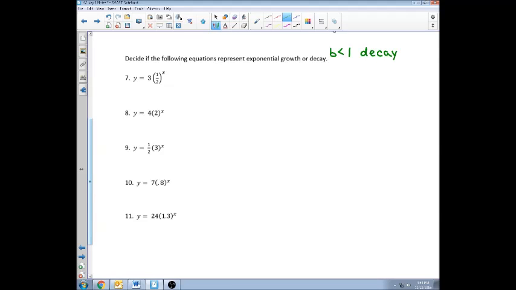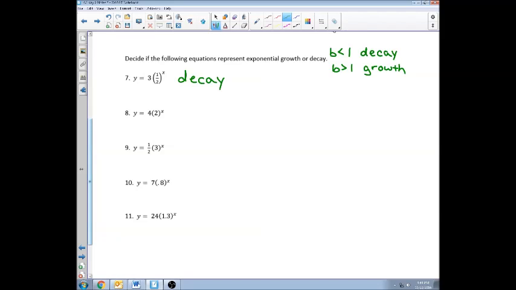If my b is greater than 1, it will be exponential growth. So the easiest way to figure that out, especially if it's a fraction like problem number 7, if I have a fraction, I'm just going to take 1 divided by 2 in my calculator. Well, 1 divided by 2 is going to be 0.5. Is 0.5 greater than 1 or less than 1? Okay. Well, it's less than 1, so it's going to be a decay problem.